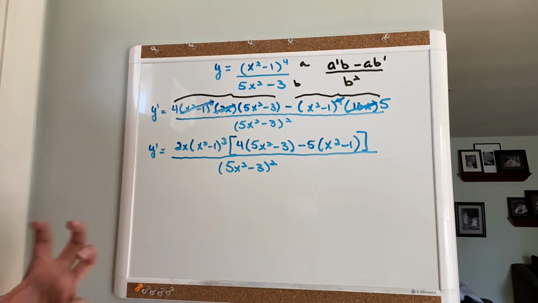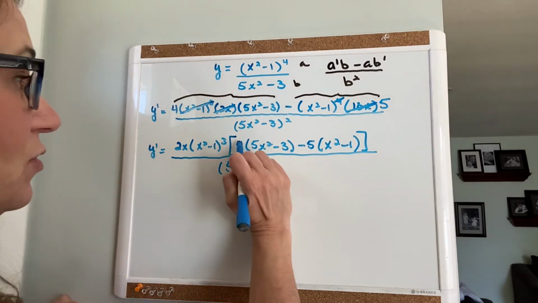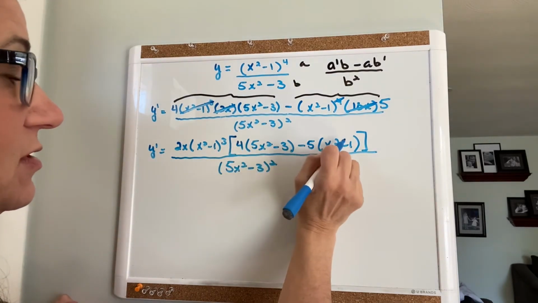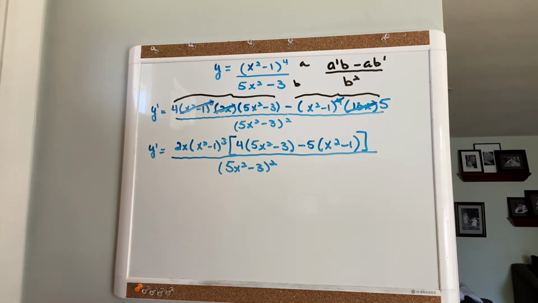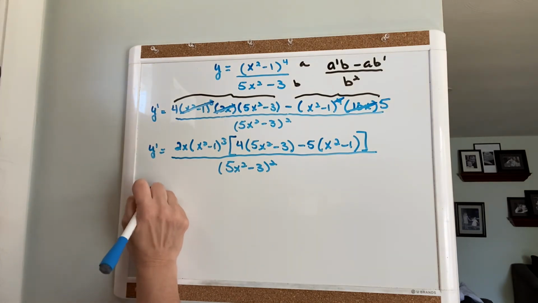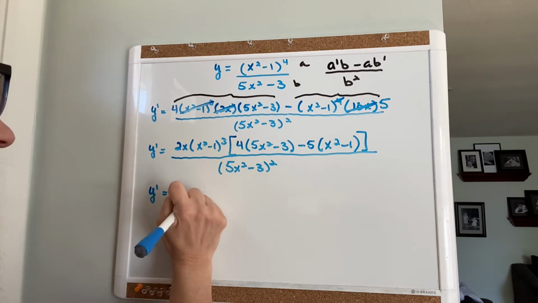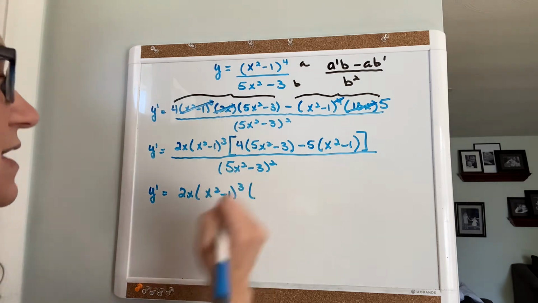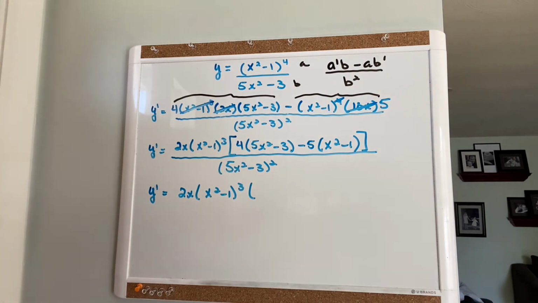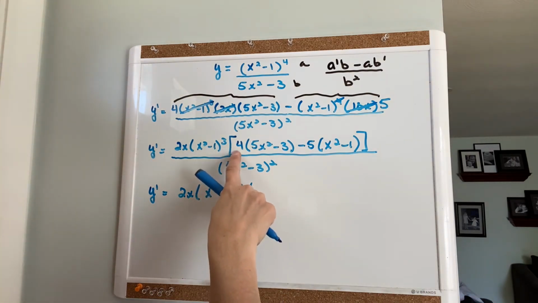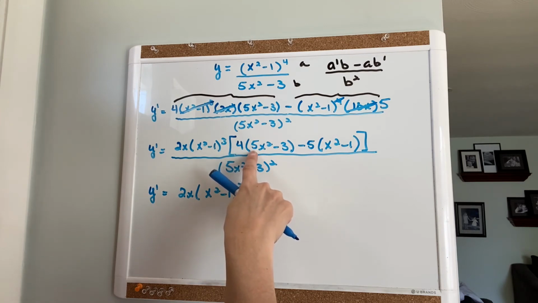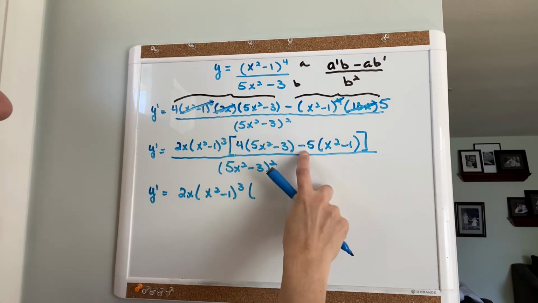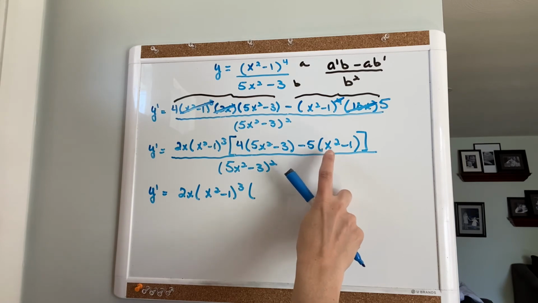So in the next step, again, I am going to skip a couple of steps here. I'm going to distribute the 4 through, I'm going to distribute the -5, and at the same time combine like terms. Again, it's just the algebra. So our first derivative is 2x times x squared minus 1 to the 3rd. Now, pay attention because I'm going to skip steps here. 4 times 5x squared would be 20x squared. -5 times x squared is -5x squared.